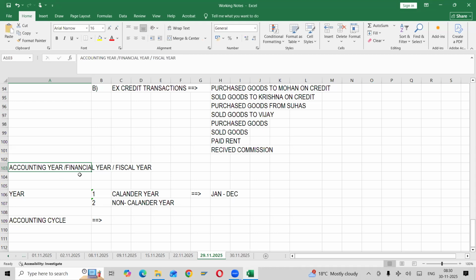The naming is the same. Fiscal year, we call it in SAP. In SAP, we don't call it a financial year or accounting year because SAP is from Germany. In Germany, fiscal means accounting or financial. SAP is a German product, right?